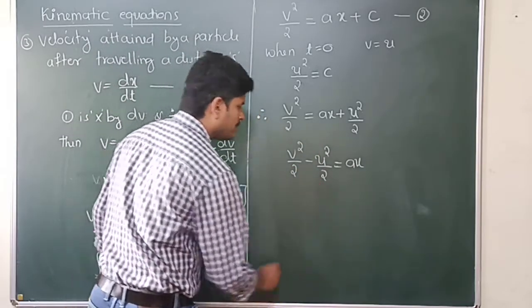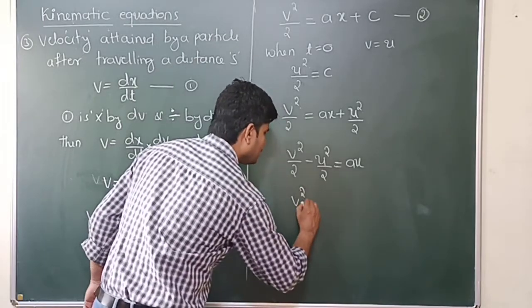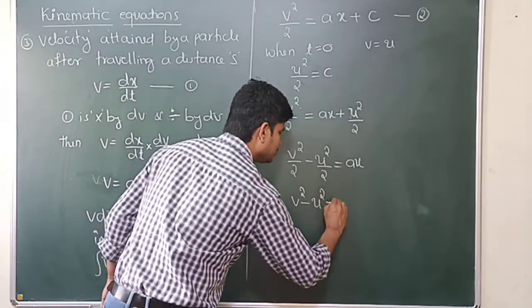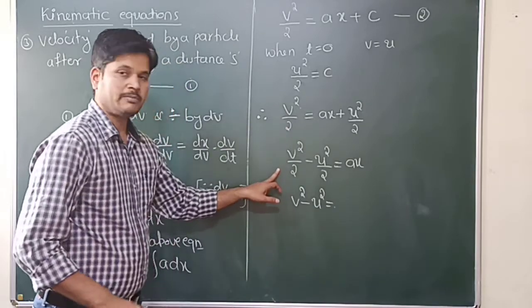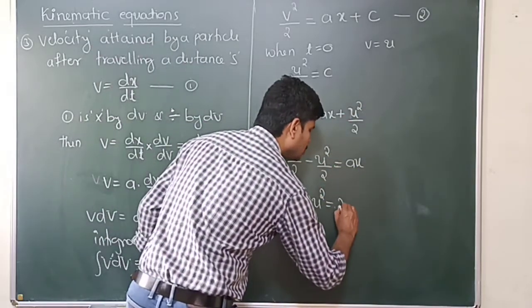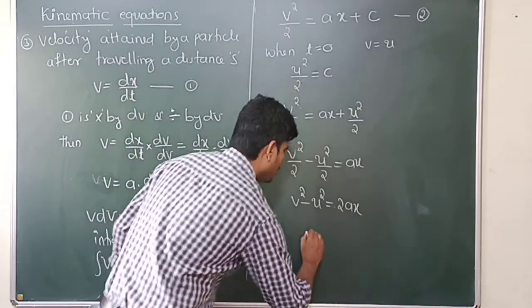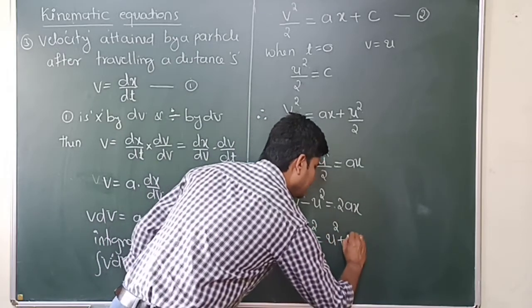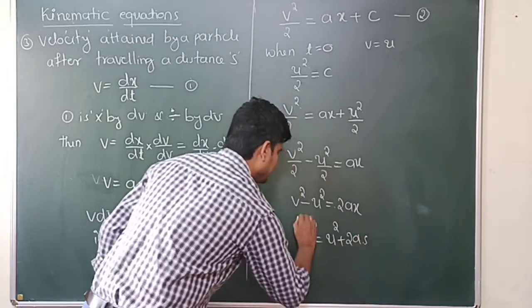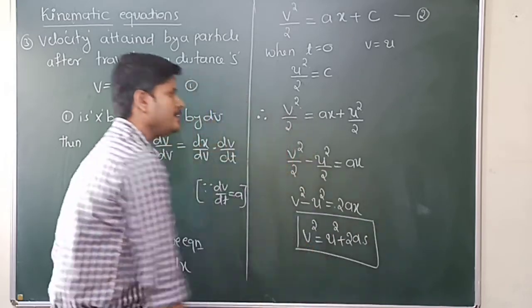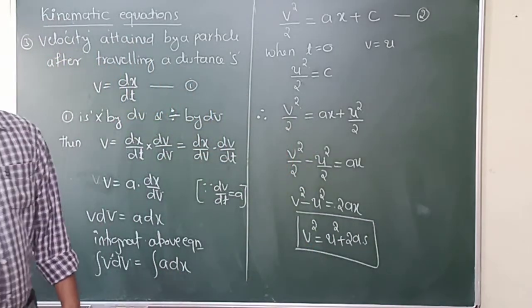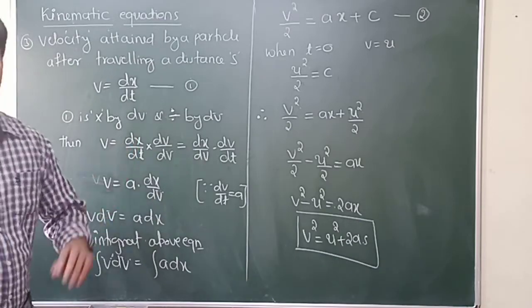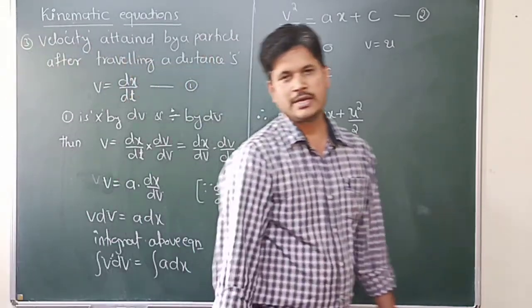Now take 1 divided by 2 common, v square minus u square. Take 1 divided by 2 to the other side, then it becomes 2ax, or v square is equal to u square plus 2ax. This is the final expression. Remember all these derivations. This is most important.